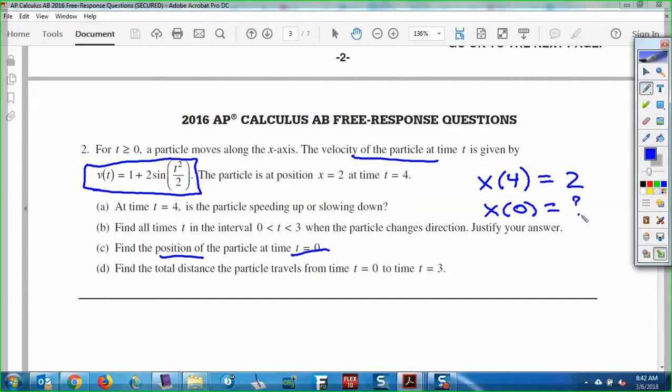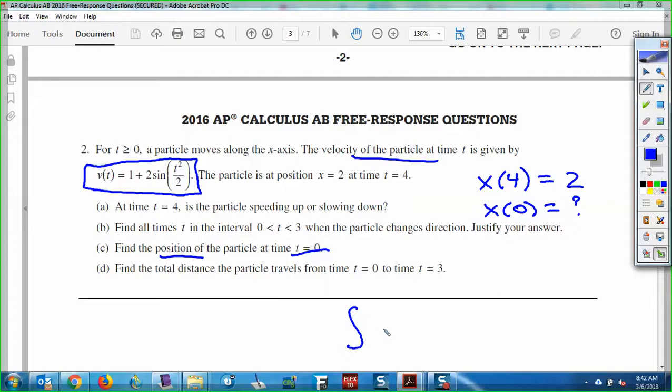Is there anything we've been working on that would involve x of 4 and x of 0? Say it, Jaden. The integral of what? V, because V is what? x prime, right?